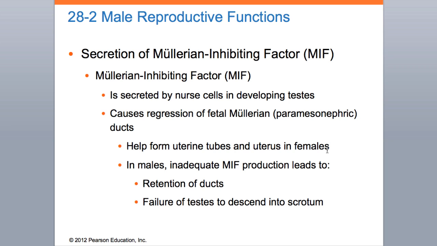So the Y chromosome provides the hormone information to make testosterone, MIF, and all of that. So let me say that one more time. It's the Y chromosome that's going to play a role in production of this Mullerian inhibiting factor, which plays a role in the development of the testes and the descending of the testes. Okay, next slide.